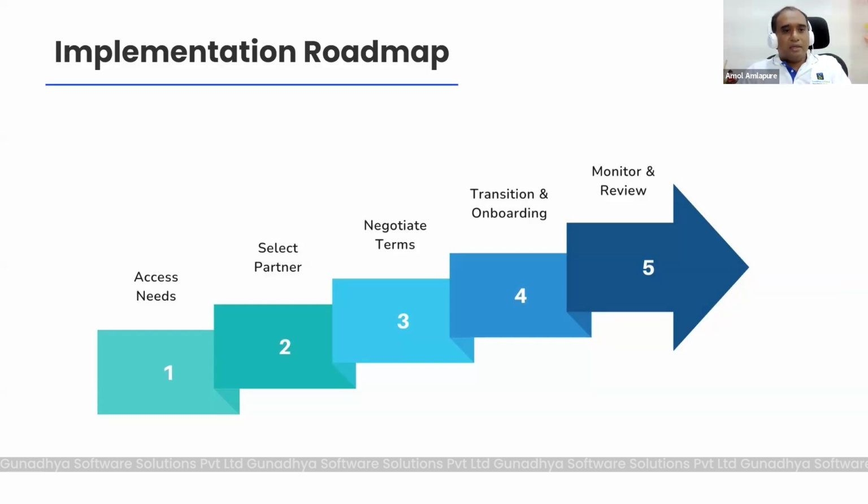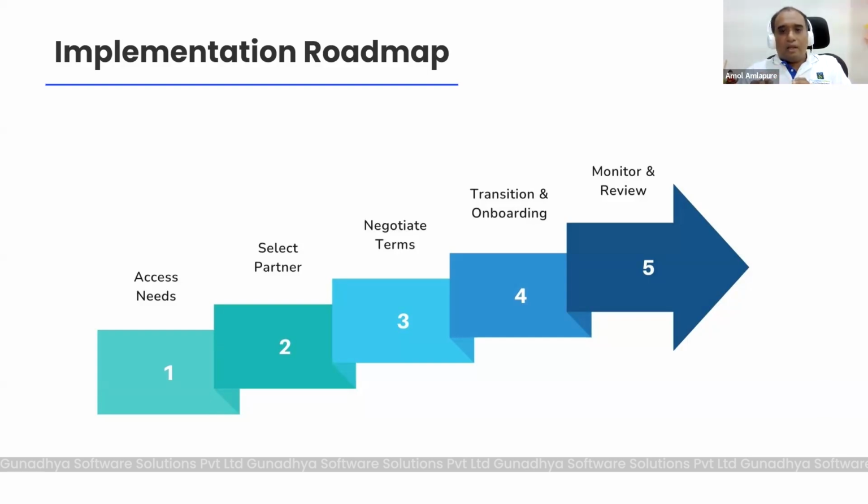Once you have selected the right partner, then the third step begins, where you negotiate the terms. This is very important. Mostly everybody does it, but in case you are missing out, make sure that you define the SLAs, payment terms, timelines, quality standards, everything, and then discuss it and draft and sign a detailed contract.